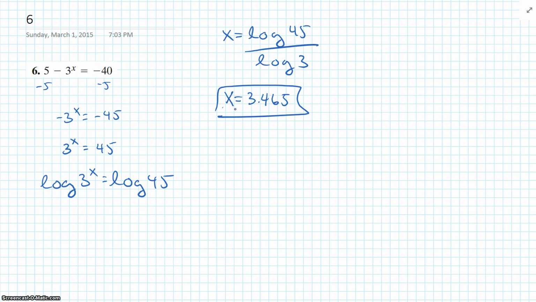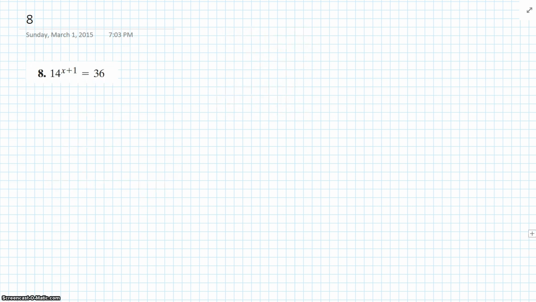Okay. 14 to the x plus 1 power equals 36. So I can say x plus 1 equals the log of 36 over the log of 14.